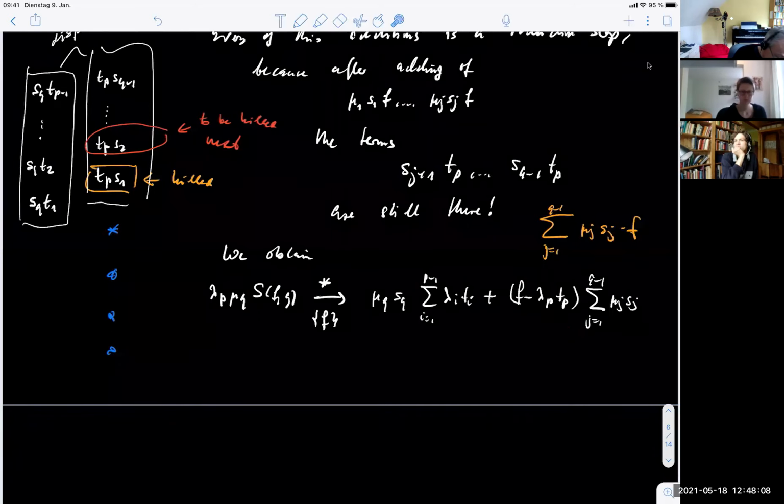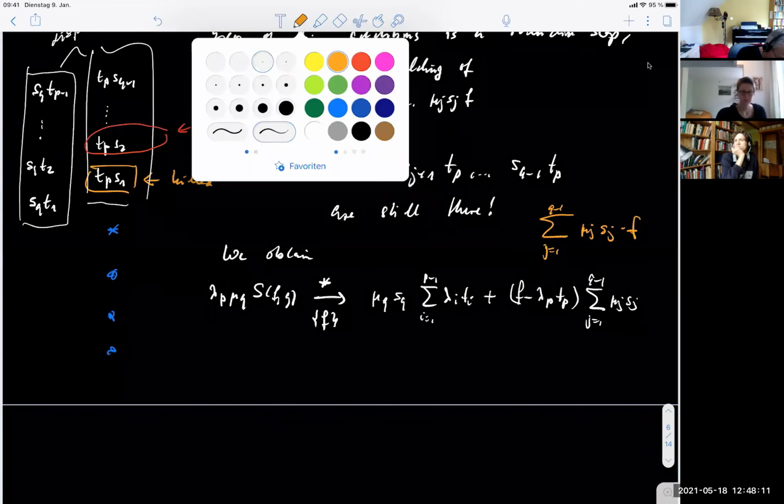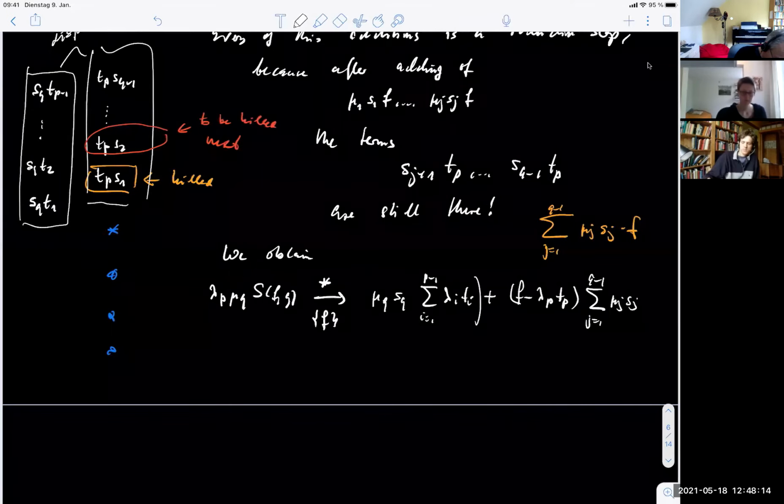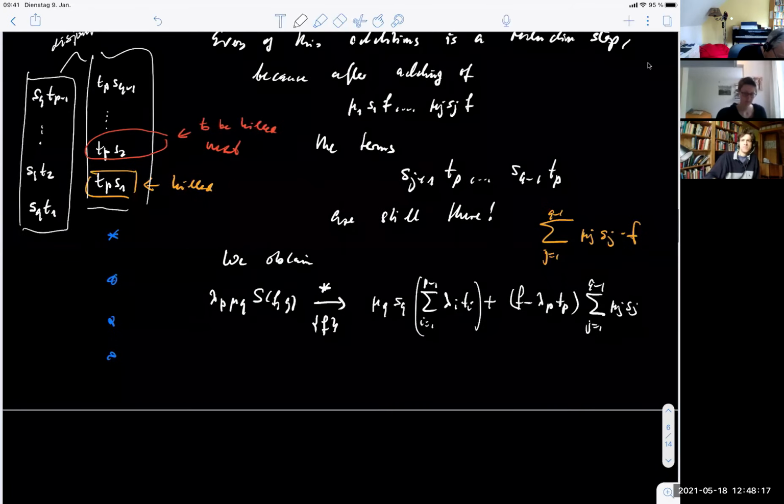And the point is now, if you look closely, these two things are actually equal. This and this, they are the same. So what we see here is, let me write, G times the sum of lambda i d_i, i from 1 to p minus 1.